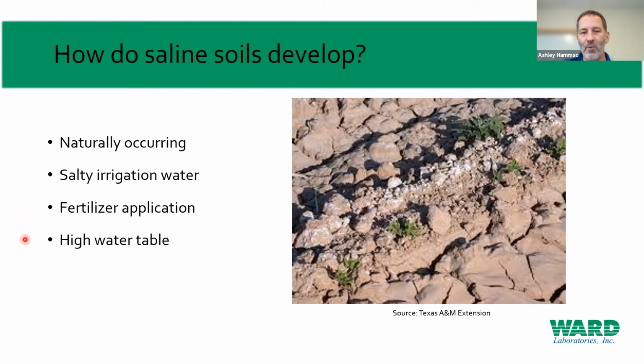A high water table is another way that saline soils can develop. Whenever the natural vegetation is removed and you either don't put any vegetation back or you start cropping it, the water table can rise and bring salts up to the top, where evaporation then removes the fresh water and leaves the salt behind. So it can form in different ways.